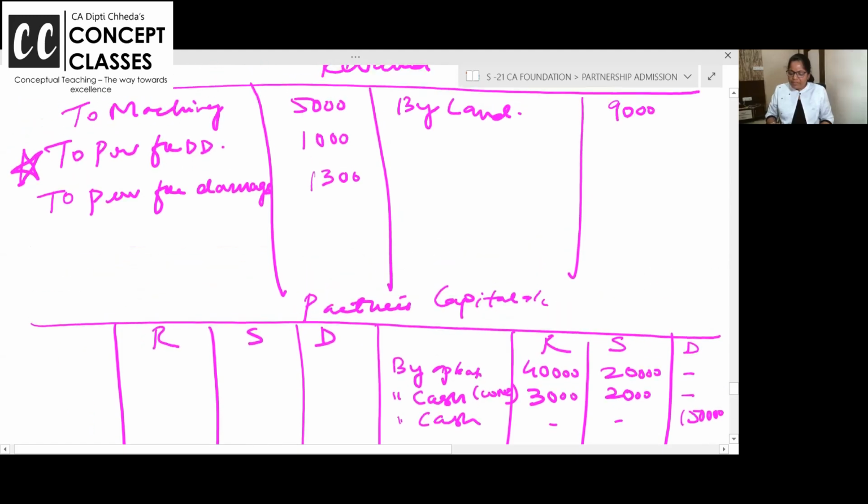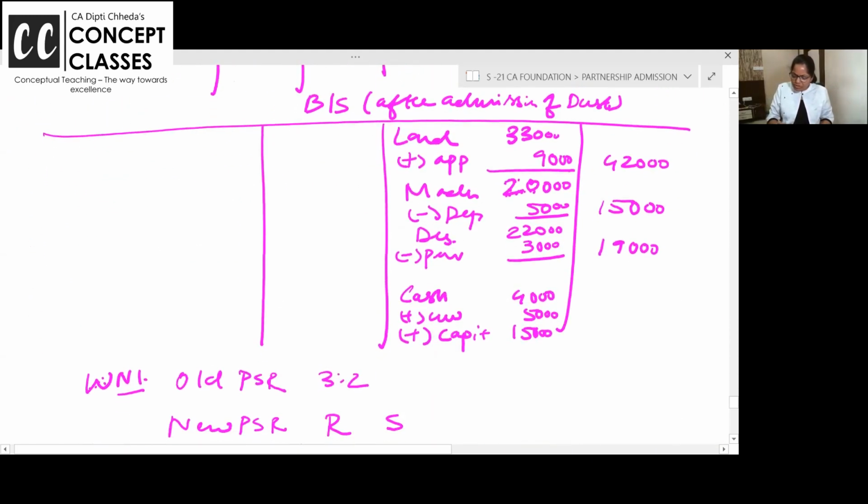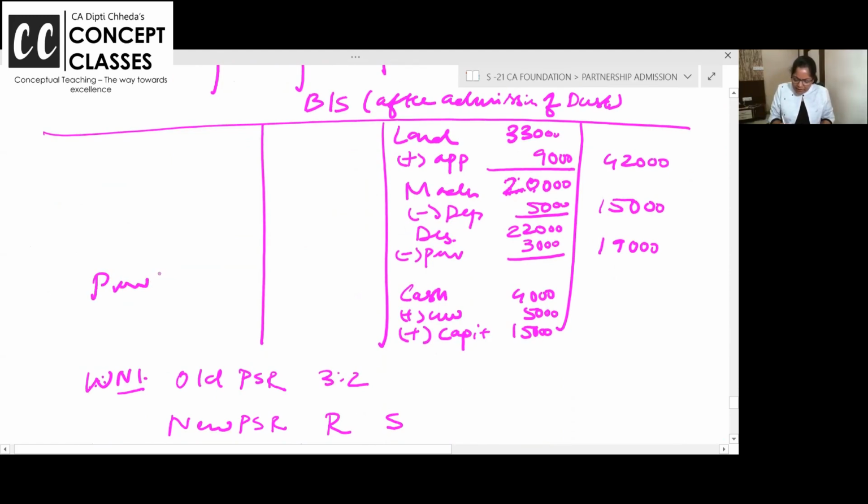You are creating a provision. And immediately write here, provision for damages 1,300 in the balance sheet. If you are reading with me, if you are writing with me, you will not lag behind. If the speed is too fast for anyone, or anyone is left behind, tell me.